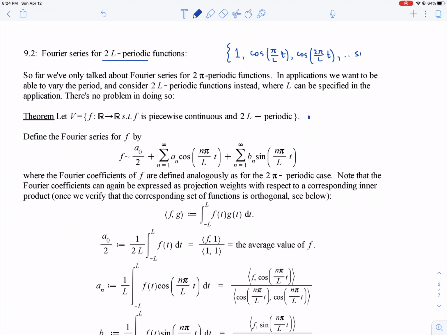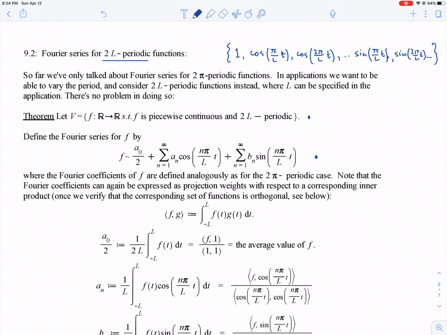And similarly, you'll have sine pi over LT, sine 2 pi over LT, and so on. So that's the corresponding set of functions, and that's why you see this Fourier series here using those functions.